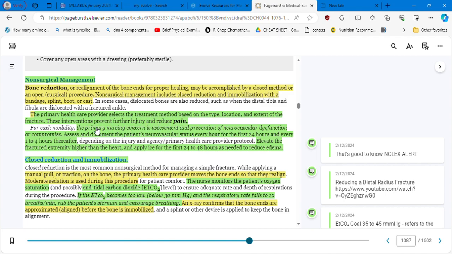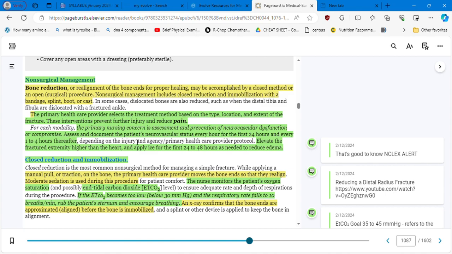So the primary nursing concern is assessment and prevention of neurovascular dysfunction or compromise. So nurses, students, neurovascular is your most important concept. You need to master this. You need to know your 6Ps, what to assess, how to do the neurovascular assessment.